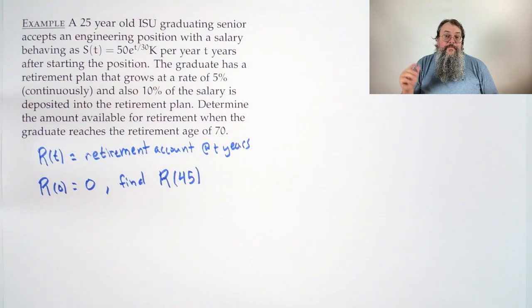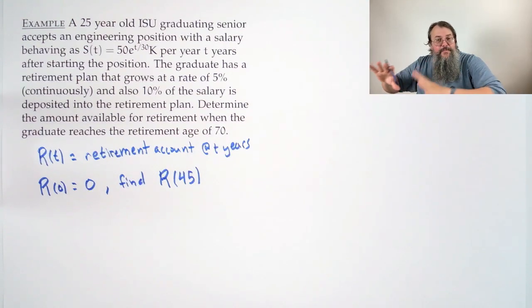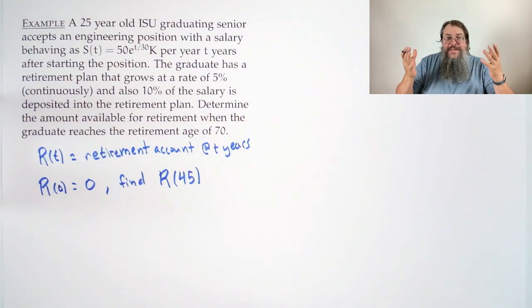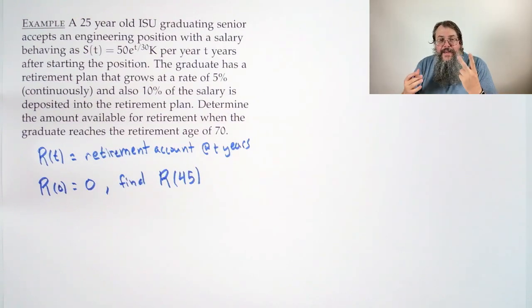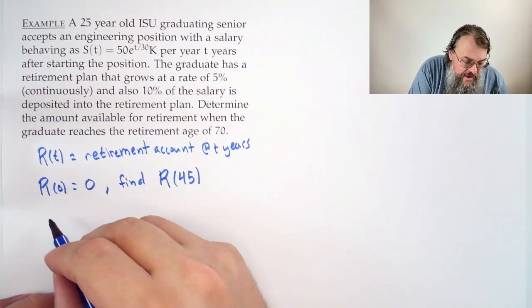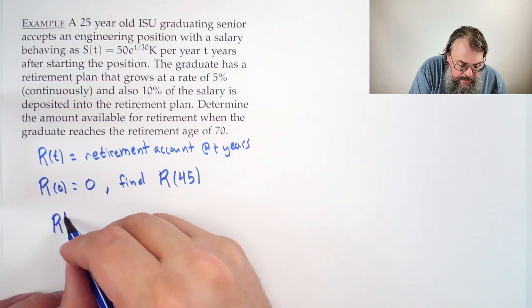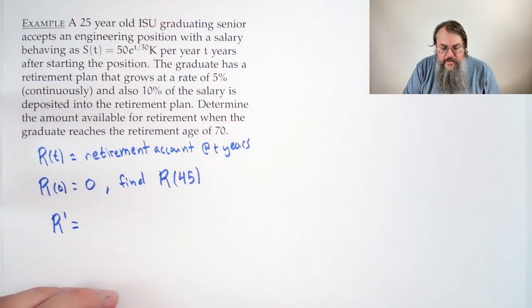Okay. Now the last thing is figuring out how is our retirement account changing. Now in this case, there's no disappearing, it's all going up. But there's 2 different ways it's coming up. So it's important to keep track of it. So let's figure out what our 2 pieces are. So our change in retirement is a combination of 2 things.